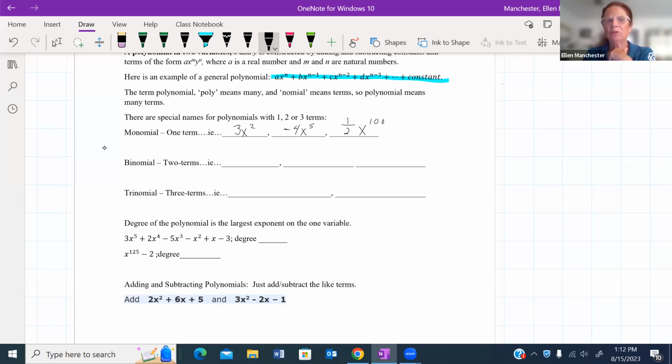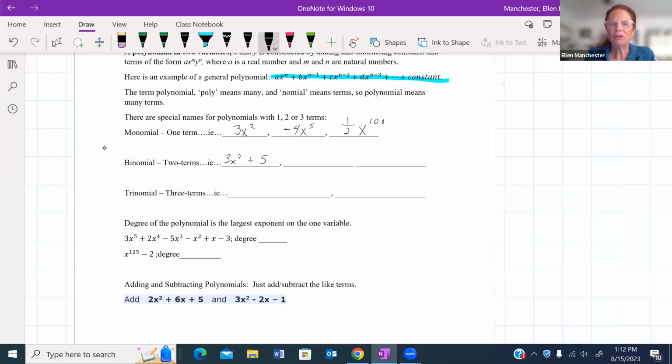Okay, that's a monomial. A binomial means 2, like bicycle. So binomial means it has 2 terms. This is where the adding and subtracting come in. So I could say 3x squared plus 5. The minute I put a plus or minus sign in between 2 terms, now I have a binomial because I have 2 terms.